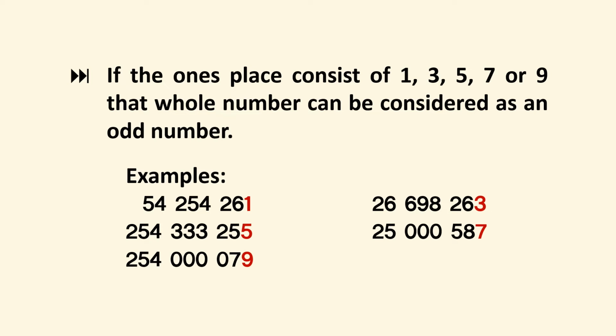So 1, 3, 5, 7 and 9 all are odd numbers. Therefore, I can say here I have mentioned all odd numbers.